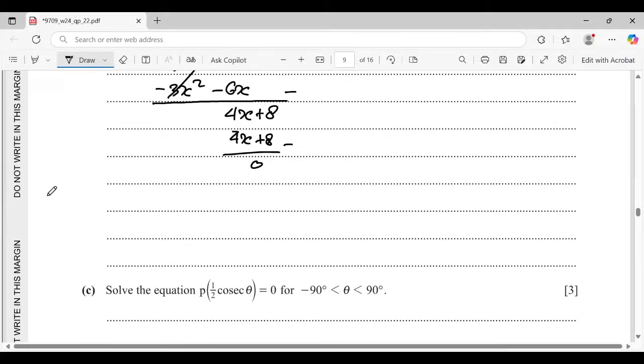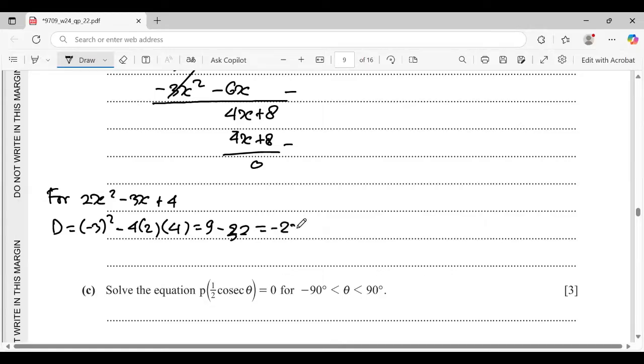For 2x squared minus 3x plus 4, using the discriminant b squared minus 4ac, it means (minus 3) squared minus 4 times 2 times 4, which is 9 minus 32, so it is minus 23.